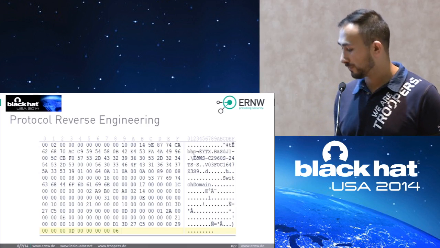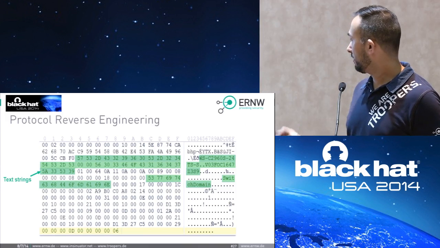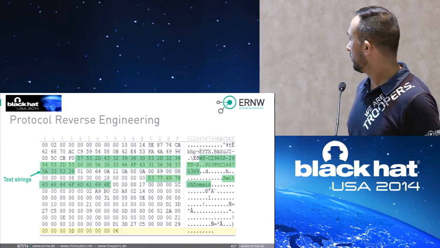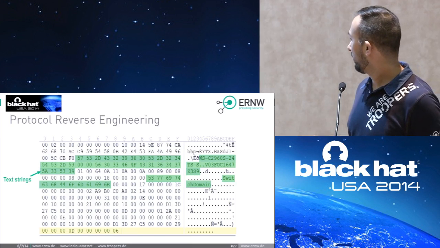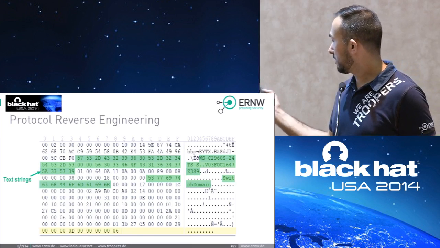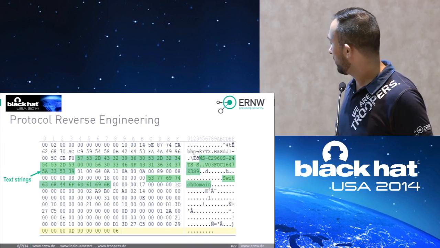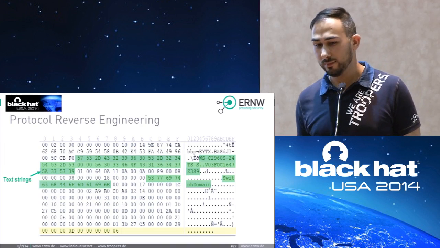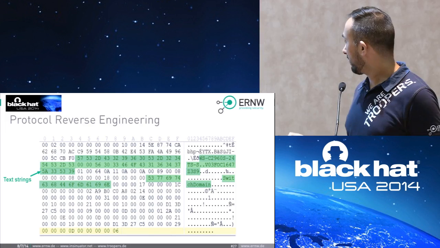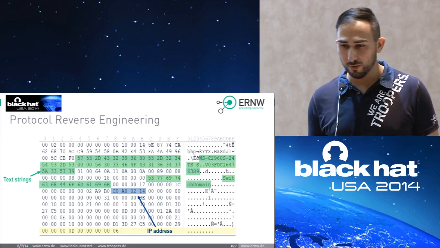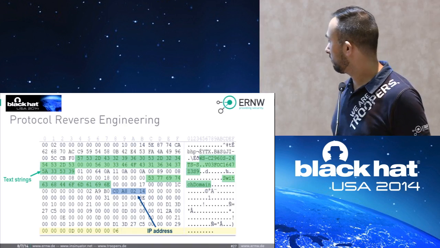So first we find the text strings, which you can see here. The first text string is the model number of the switch. The second string is the name of the domain. After that, we try to find, for example, the IP address, which is there.